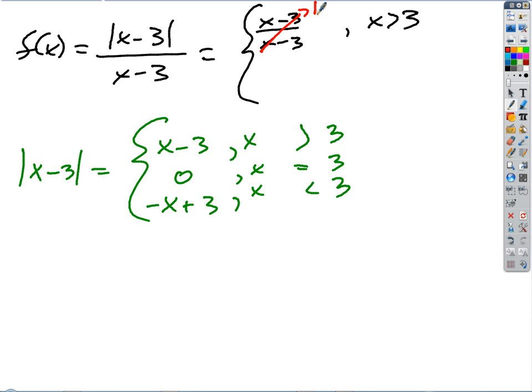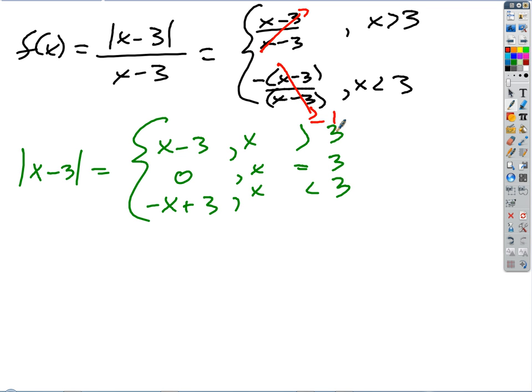That's 1. Okay, for values of x less than 3, I could just make that a minus the quantity x minus 3, might be easier, right? Over x minus 3. And that's going to go to what?